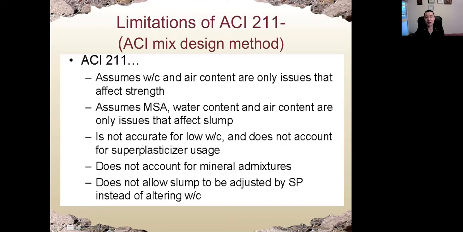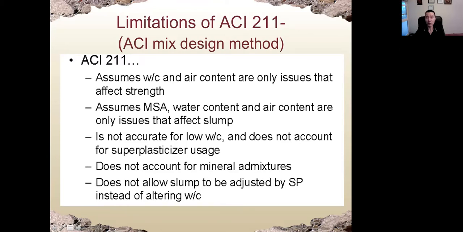In lecture number 10, we talked about the ACI mix design method, from ACI Committee 211. Unfortunately, this design method has some limitations. For example, it assumes water cement ratio and air content are the only issues that affect strength.